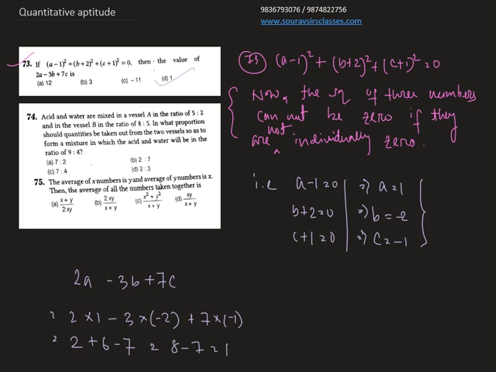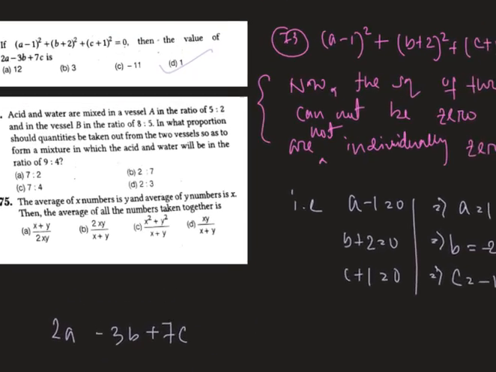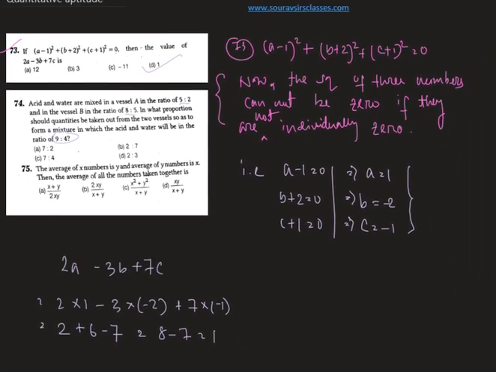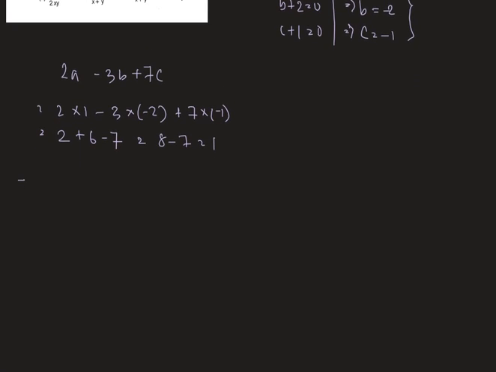Okay. So now let's see the next question. Acid and water are mixed in a vessel A in the ratio of 5:2 and in the vessel B in the ratio 8:5. In what proportion should quantities be taken out from the two vessels so as to form a mixture in which the acid and water will be in the ratio of 9:4? So this is a problem based on ratio proportion.